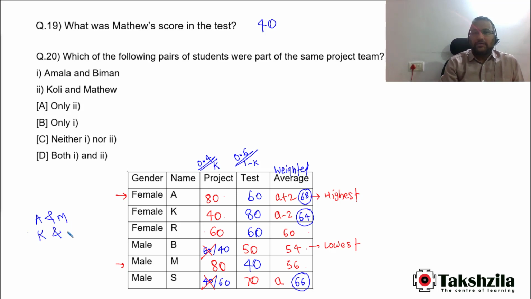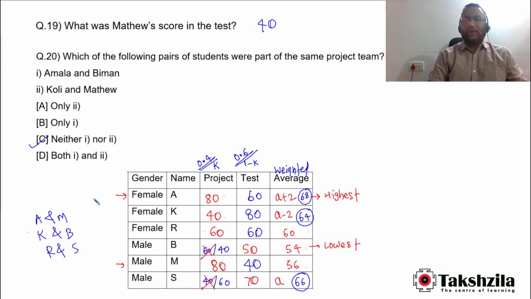K and B, they have same marks in project. So they should be a part of same team. And R and S, as they got same marks in project, it means they are a part of same group. So the answer of question number 20 is neither 1 nor 2. This is how we can solve this set.